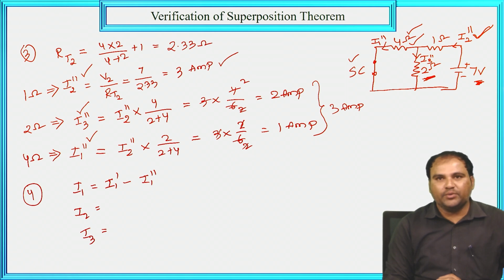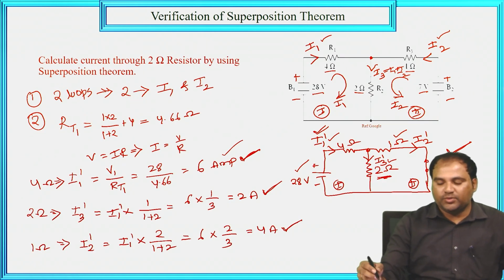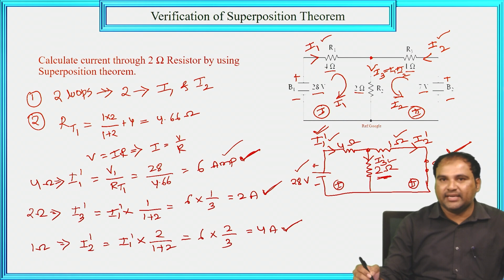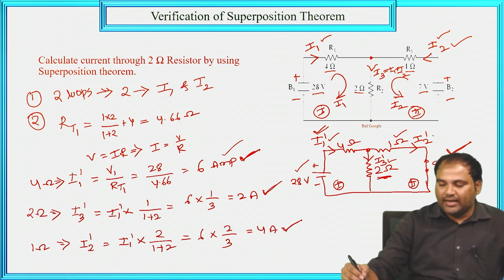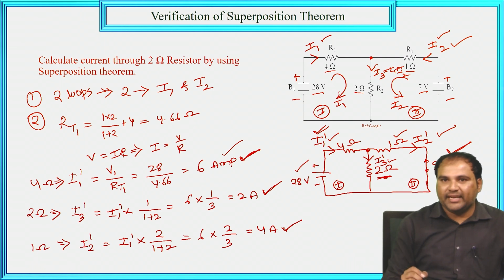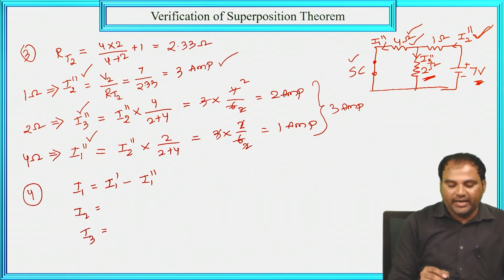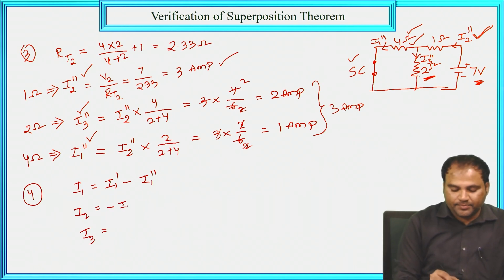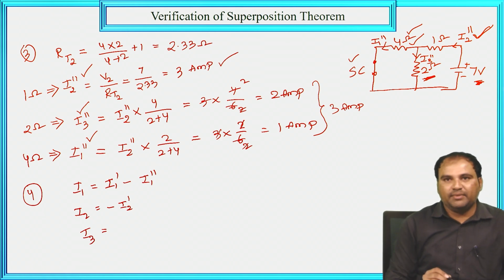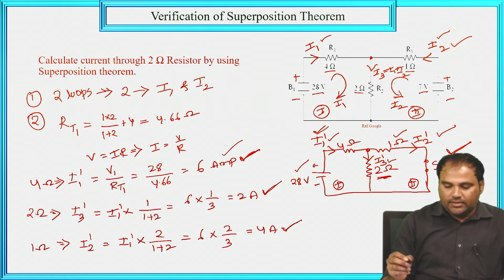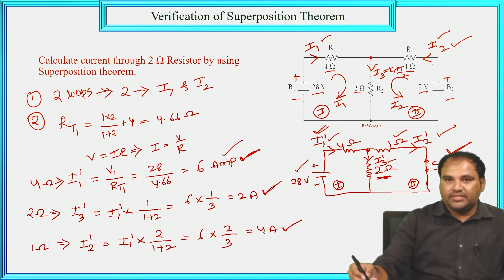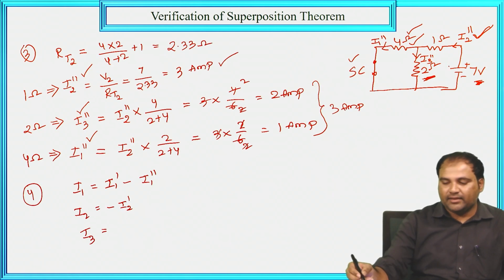Similarly, I2. Compare the first circuit and second circuit. This I2 and I2 dash are both in opposite directions. So I2 is equal to minus I2 dash. And similarly, compare the first circuit and third circuit. In the first circuit the current direction I2 is anti-clockwise, and here also anti-clockwise.